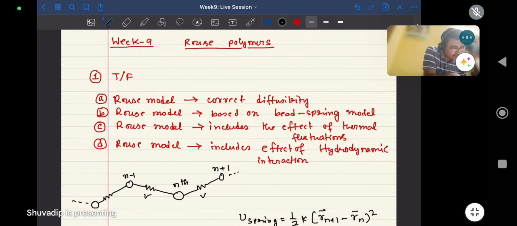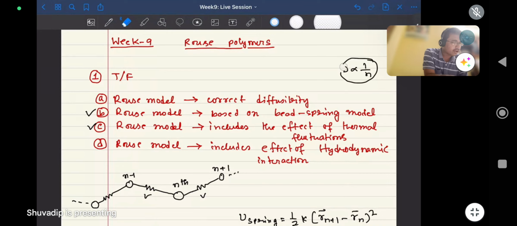So B is correct and C is correct. Now, correct diffusivity it cannot predict, because we'll see in the next section that it predicts a diffusivity which goes like D proportional to 1 by N, which is not exactly the correct relation, but we'll see that in detail in the next section. So A is not correct.